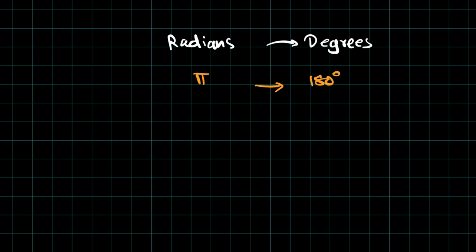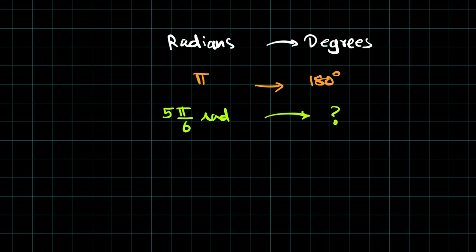Let me do another example. So the conversion is from radians to degrees. The standard is pi radians is 180 degrees. Now this time let me choose 5 pi by 6 radians and I need to convert it into degrees.